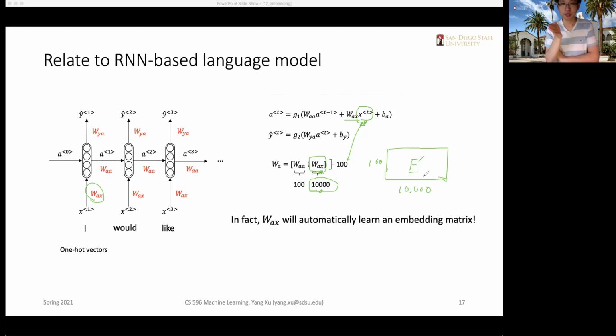That's true, because when training a language model with one-hot encoded vectors, we are implicitly learning an embedding matrix, in such a shape, which is determined by the shape of WAX. But this training stage is even more expensive than the regular neural network, because of the recurrent mechanism. We need to carry out backpropagation through time, which costs us more time than the regular neural network.